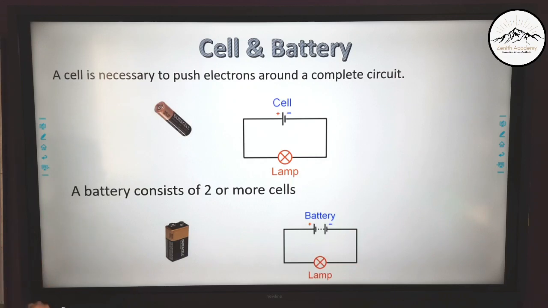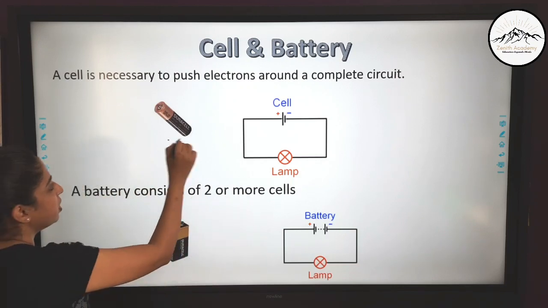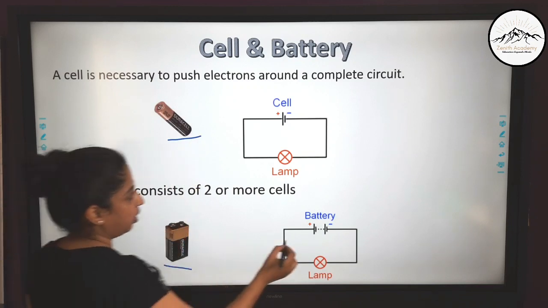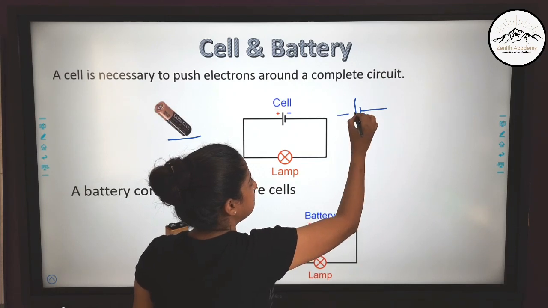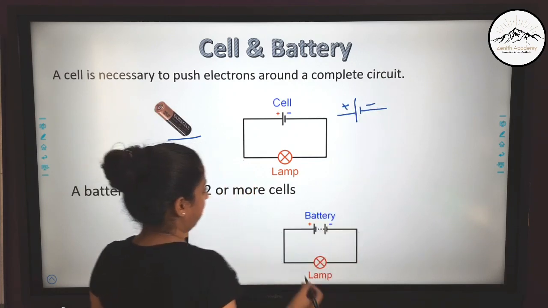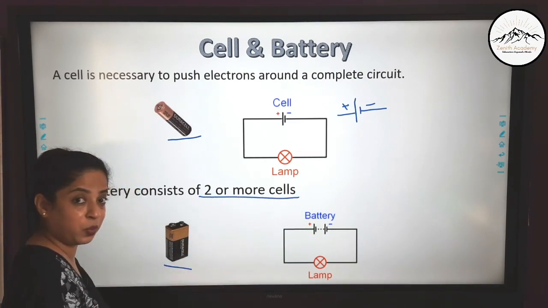Now, what is a battery? A battery consists of two or more cells. The major difference between a cell and a battery is in the representation: you can see a cell is represented by two lines like this. Whereas if we say what is a battery? A battery is two or more cells connected together in series.